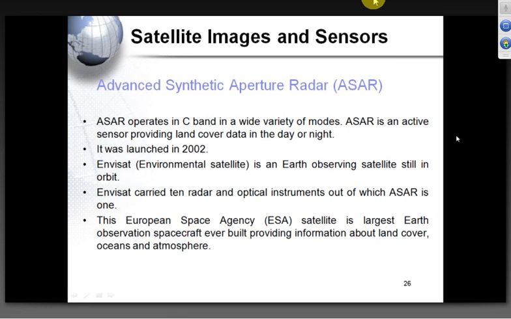ENVISAT, that is Environmental Satellite, is an Earth observing satellite still in orbit. ENVISAT carried 10 radar and optical instruments, out of which ASAR is the one. This European Space Agency, that is ESA, satellite is the largest Earth observation spacecraft ever built, providing information about land cover, oceans and atmosphere.